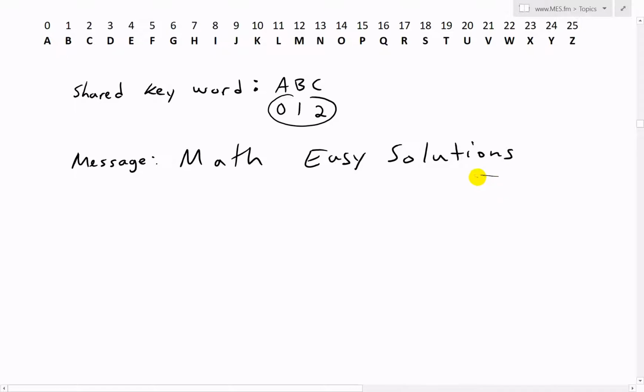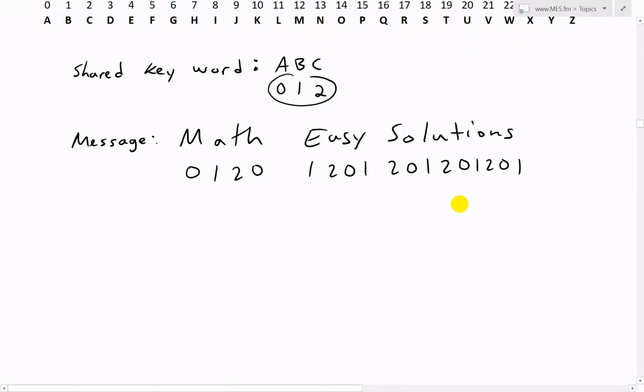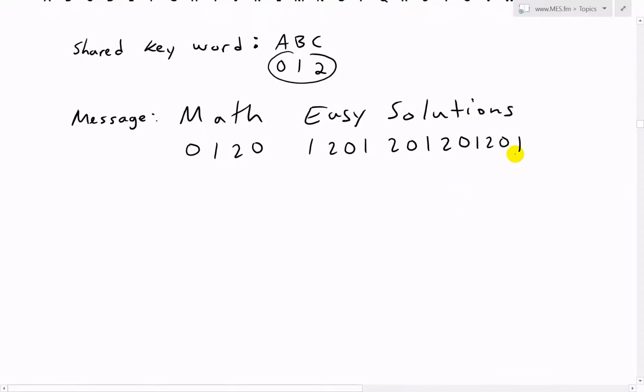So we'll shift each of the letters according to this order. So we'll have 0, 1, 2, 0, 1, 2, and so on, like that. I believe I have that all lined up correctly. Just line them up like that.